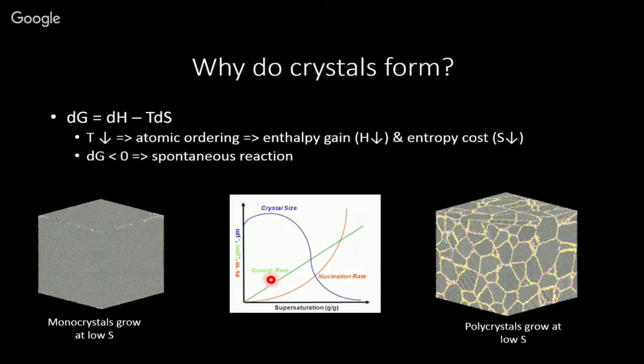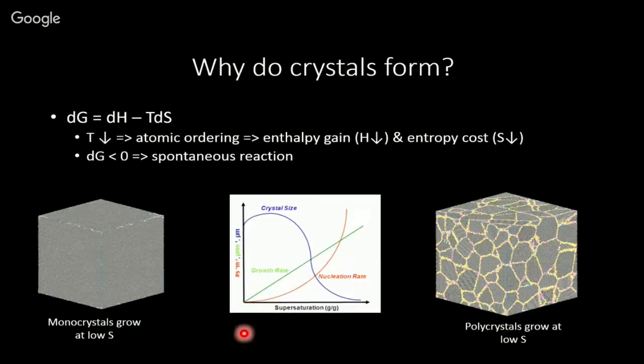You have 3 lines, and they are all plotted as a function of a term called supersaturation. That term is very essential when it comes to making nanocrystals. You'll see why. As you increase supersaturation here, you have an increase in the nucleation rate.